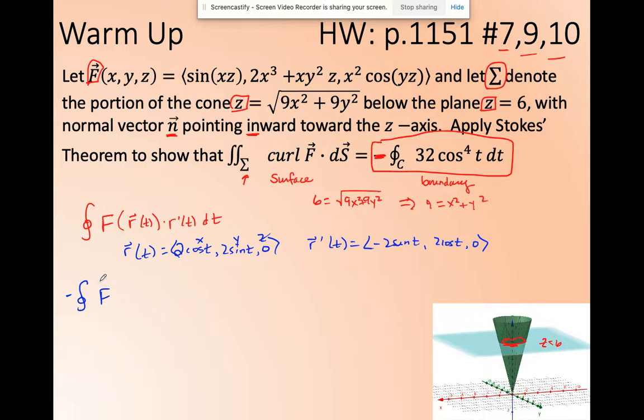So I have F, sorry, I have sine of x, 2 cosine t times 0. That's nice, isn't it? Because that's just 0. Then I have 2x cubed plus xy squared times 0, right?